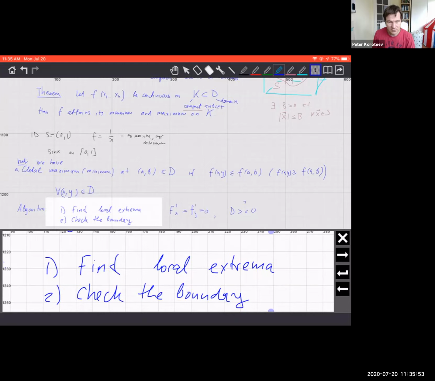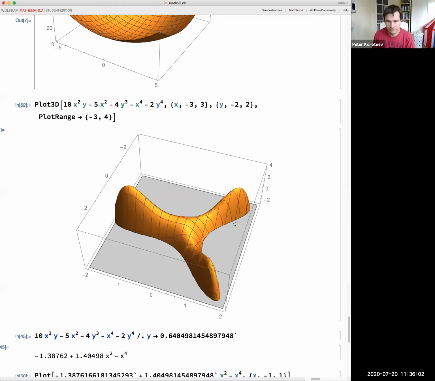So let's give an example when the second part, checking the boundary, is important. Let's plot another graph here.